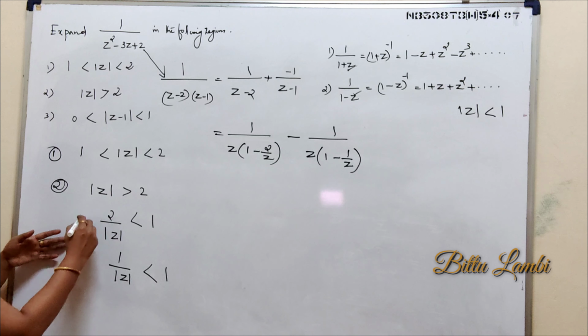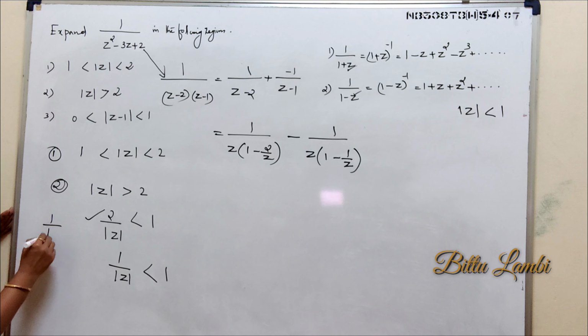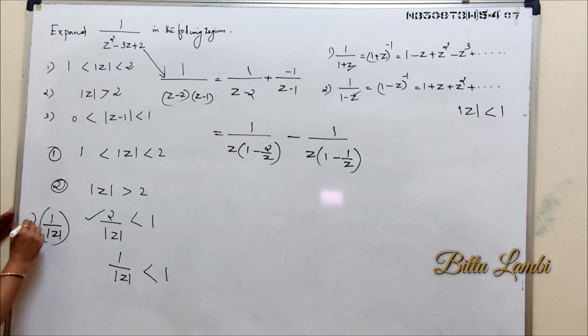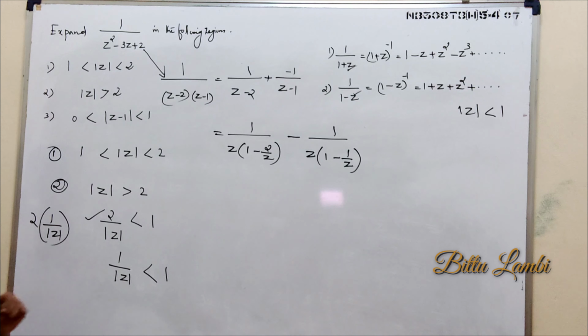See, the given region is 2 by mod z less than 1. That is 2 times of 1 by mod z is less than 1. So 1 by mod z is always less than 1. So you have to rewrite z minus 1 in the form z into 1 minus 1 by z. First you watch carefully and you apply these in problems.